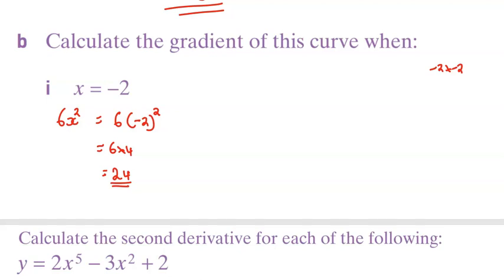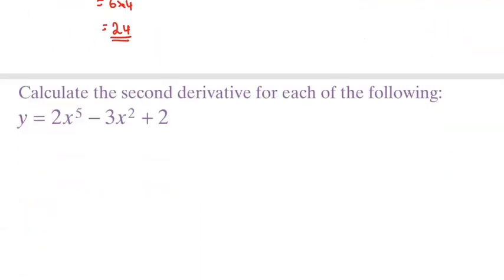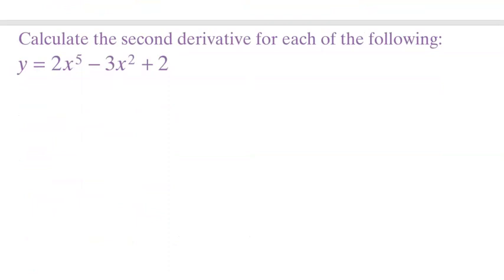Now for the second derivative, the second question asks us to find the second derivative. What they mean is for us to differentiate this equation twice. Let's start with the first differentiation, which is just called dy over dx. That is the first derivative. Now, if we differentiate 2x to the power 5, the 5 comes here.